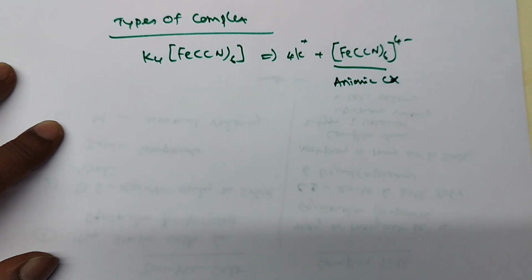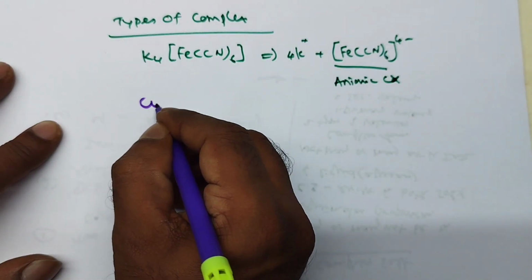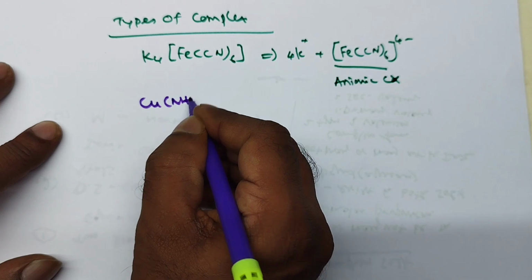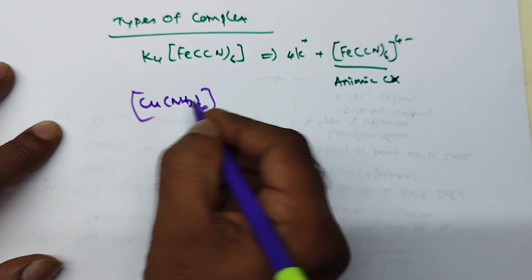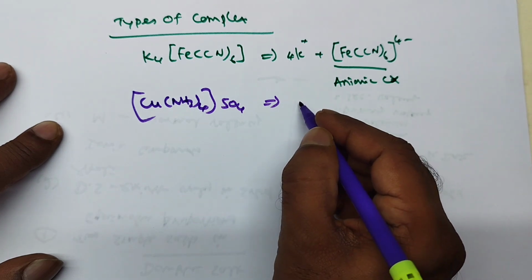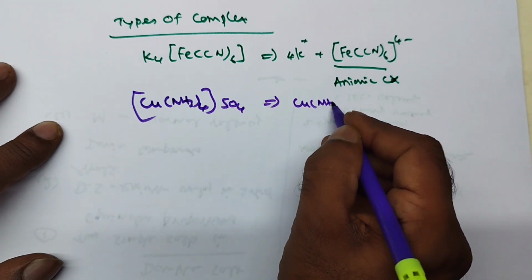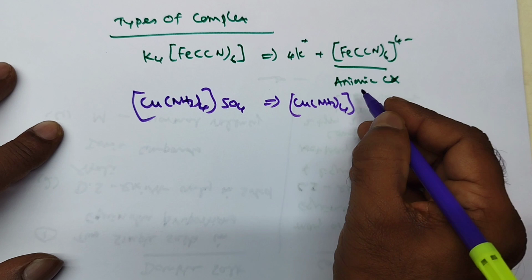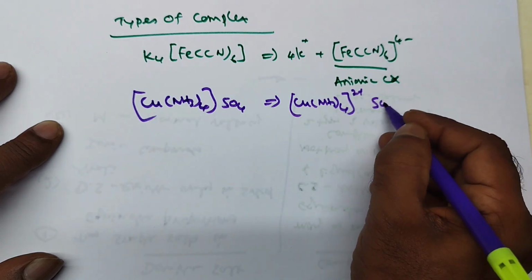You can put a complex as CX. Okay, another one, you can take [Cu(NH3)4]SO4. This is another complex, which will be dissociated into [Cu(NH3)4]2+ and SO4 2-.